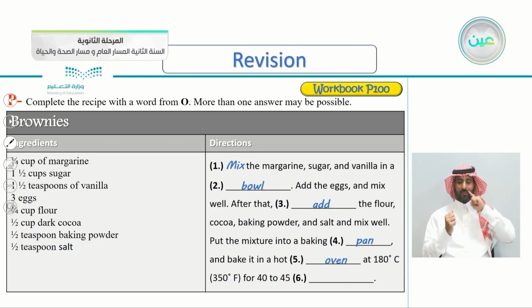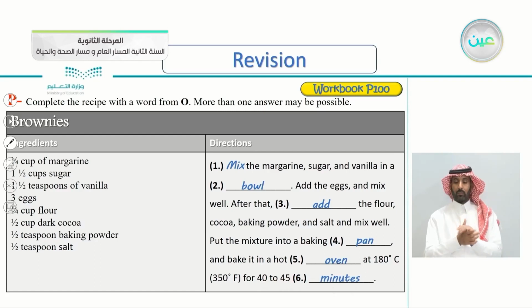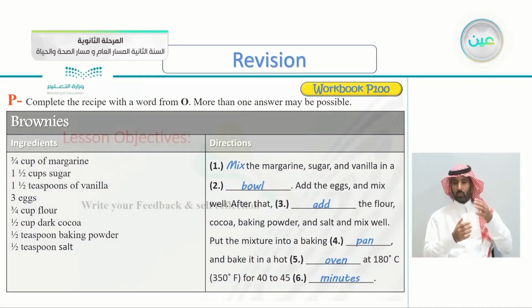Yes, in a hot oven, at 180 degrees Celsius or 350 degrees Fahrenheit, for 40 to 45 what? Hours? No, of course, 40 to 45 minutes. So bake it in a hot oven at 180 degrees Celsius or 350 Fahrenheit for 40 to 45 minutes.